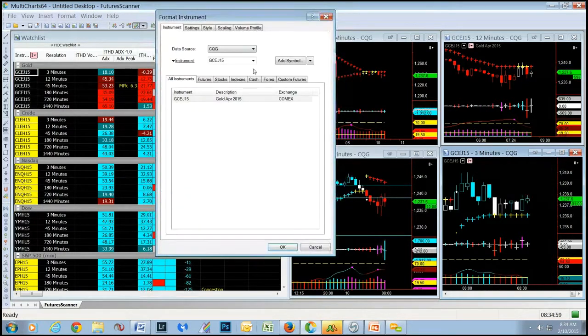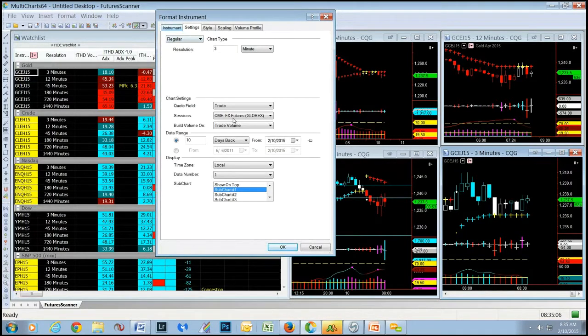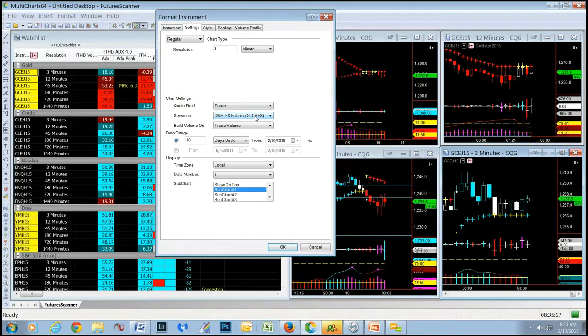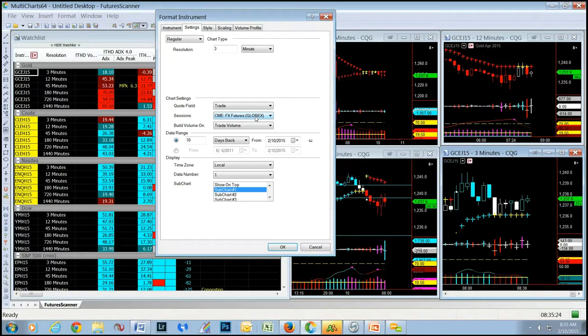That's the only thing that would change it. Are you on the FX Globex? Is it CME FX futures or CME futures? It has to be on FX futures.